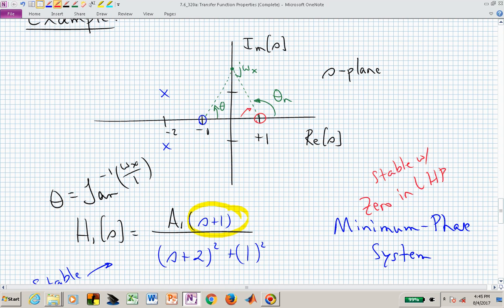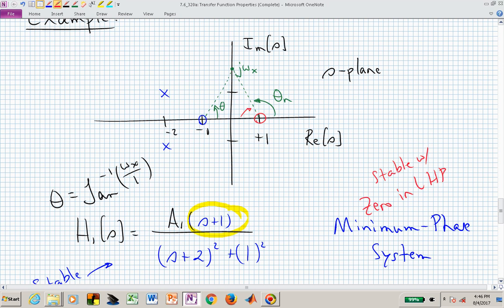No matter what omega x is, these zeros would give rise to the same magnitude, the length of the hypotenuse on the left and the length of the hypotenuse on the right. That's always the same for a given omega x, and that determines the magnitude contribution of those zeros.